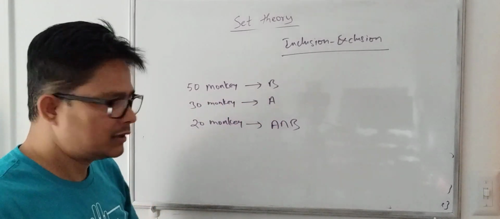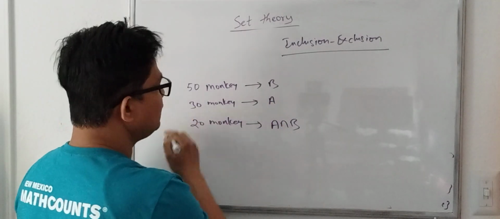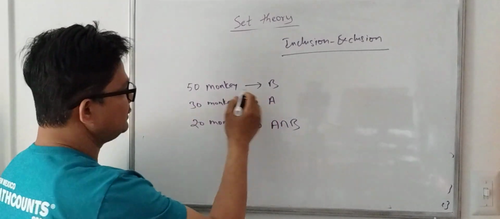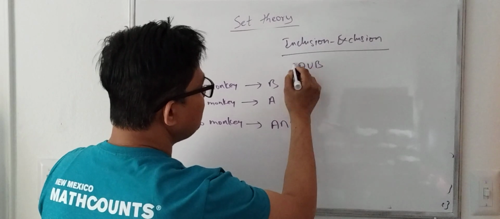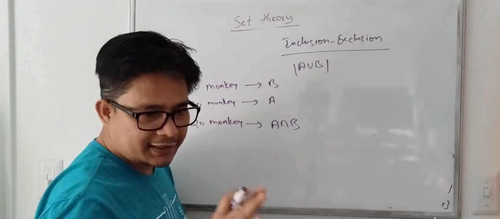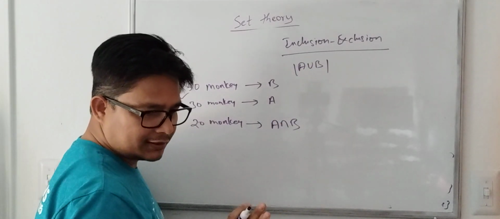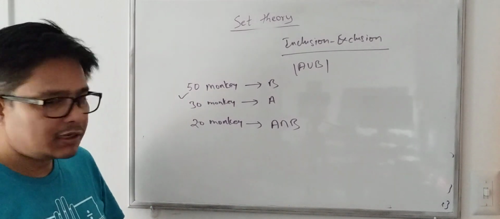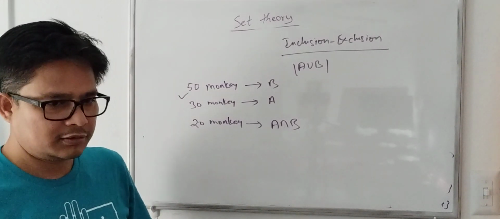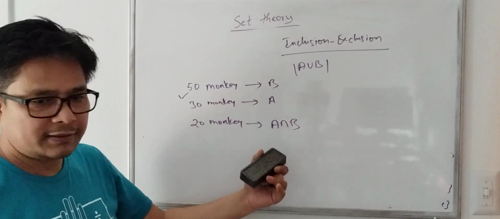Just assume that. So how can I find the total number of monkeys? This is size of A. Again, I will use this formula. A union B will be the number of monkeys in the jungle. Yes or no? Because I told you, either they eat banana or apple or both. So only three things are given.